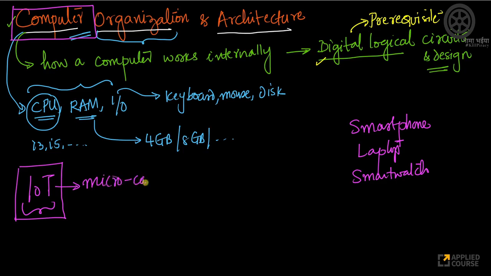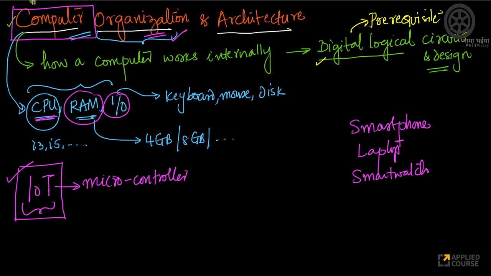A microcontroller basically consists of a microprocessor or a CPU along with RAM, along with some I/O devices, all of them packaged into one single chip. I'll give you an overview of a few core IoT devices also. IoT being one of the core areas that is growing very fast, if you want to work in areas like IoT, you need to understand computer organization and architecture very, very well.